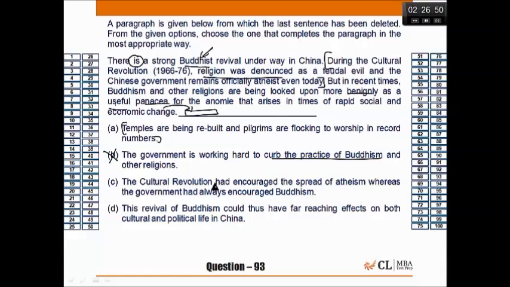The Cultural Revolution has encouraged the spread of atheism, whereas the government has always denounced. So this doesn't make sense actually. It doesn't go with the revival of Buddhism. Could thus... so that's like a conclusion. Far-reaching word. A conclusion has to come when you have said everything. A says that you have not said everything, so A is perfect.